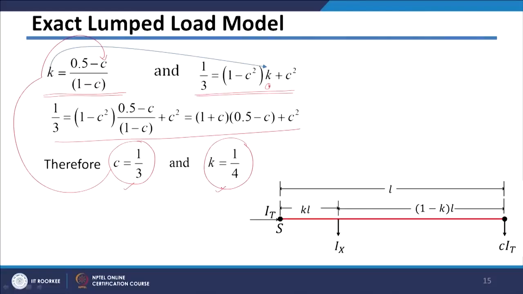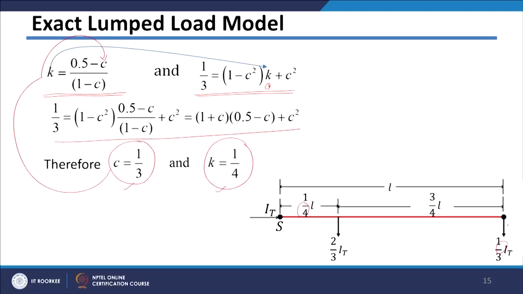Now, as I told you, for lumping these loads at two locations so that I will get true power loss and true voltage drop, we have got these constants C and K. So in this particular figure, we have got this K here and C here, and if you put them, I will get K is equal to 1 by 4 and C is equal to 1 by 3.